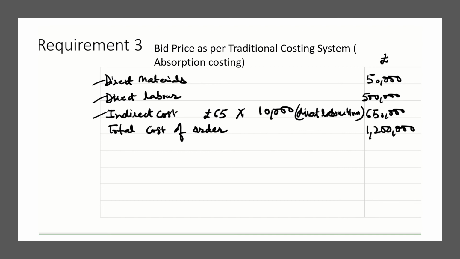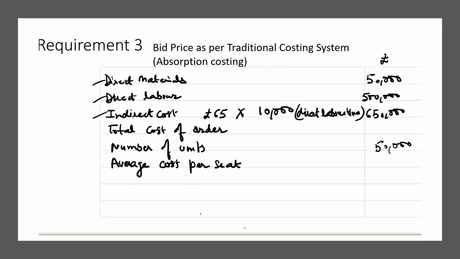We are dividing it by the number of units, 50,000. For calculating the per unit cost, the total cost is already given, which we have calculated. Average cost comes as 24.